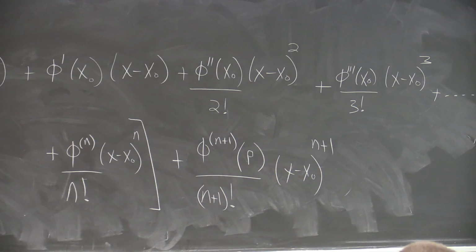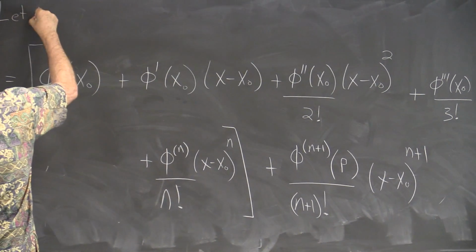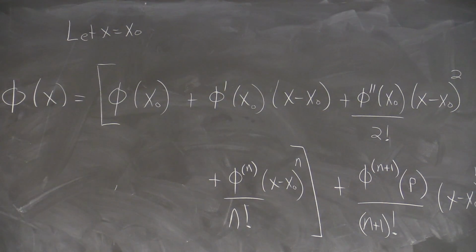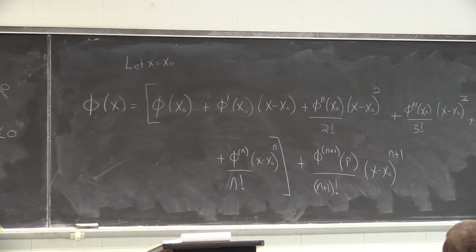Now, suppose x is equal to x of 0. So what would Taylor's theorem simplify to? Suppose x could be anything. Let x be x of 0. So you're evaluating phi at x of 0. Then what happens to this Taylor's formula?